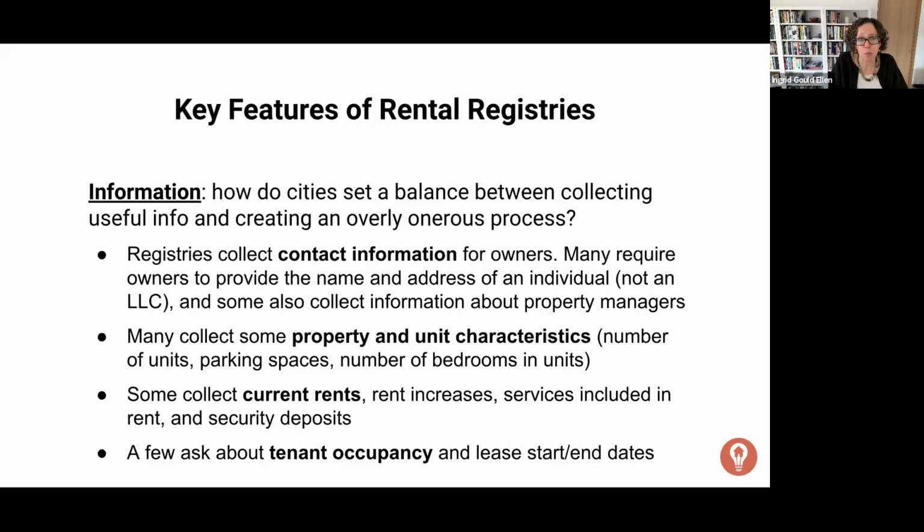We found that all registries collected some kind of contact information about owners. Many required owners to provide a name and address of an individual, to get under the LLC and identify a real person, and to collect some information about the property managers as well.